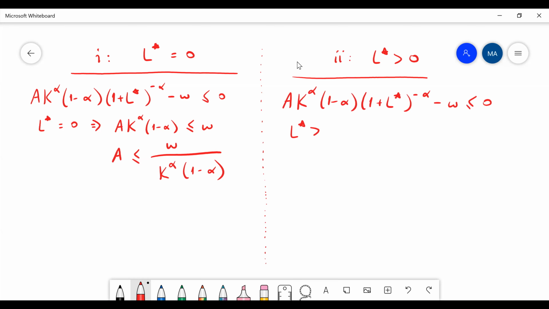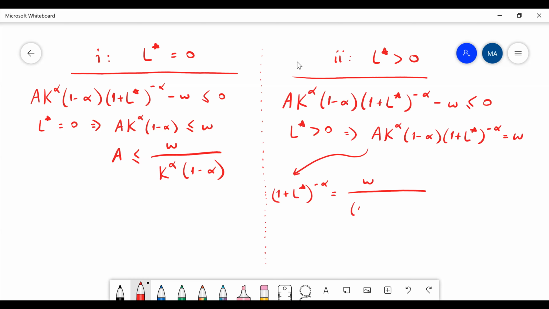Now, if L star is greater than 0, the first order condition holds with strict equality, of course. So from this equation, you can find L star. It will be like (1 plus L star)^(-alpha) equals W divided by (1 minus alpha) A K^alpha.